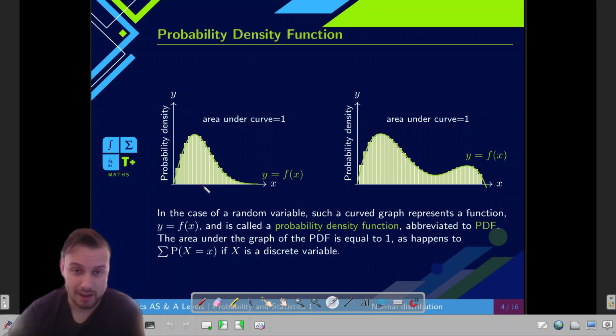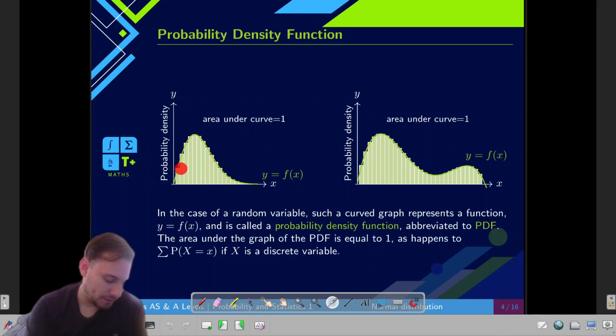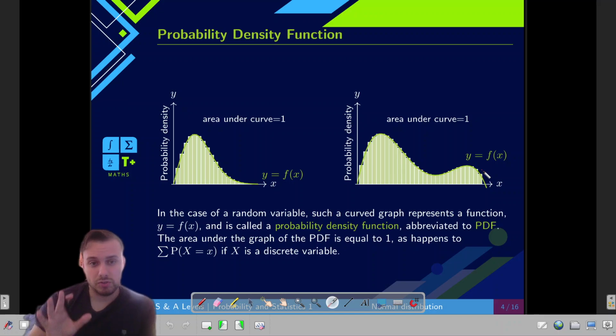This is not the case here, and we're going to see why in a few minutes. We need to understand that the probability we're looking for is going to be an area, and all of these areas must sum up to 1. This is what I want you to get from here before we move on to what comes next.